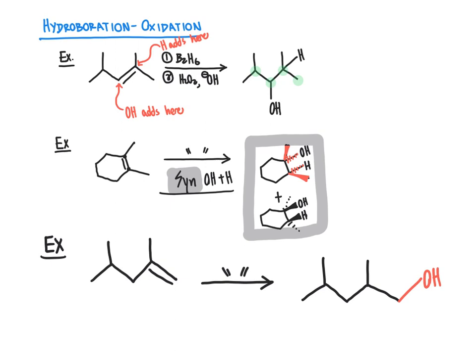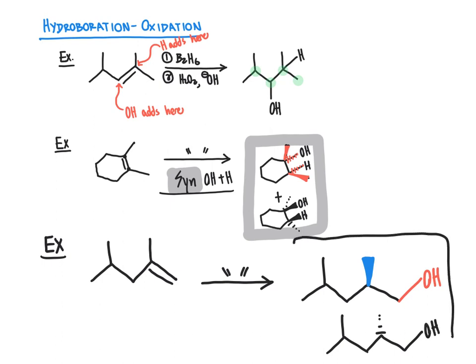So let's go ahead and show that, and I'll show it in a way that's most realistic of a line angle formula, where we're not showing the hydrogen explicitly, because it's implied that it has to be there. So wedge to our methyl group, or alternatively, as our other stereoisomer product, we can show a dash to that methyl group instead. So this gives us our 2 major expected products of the reaction, including stereochemistry.